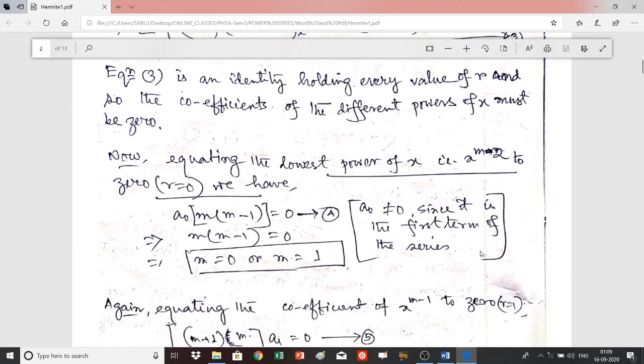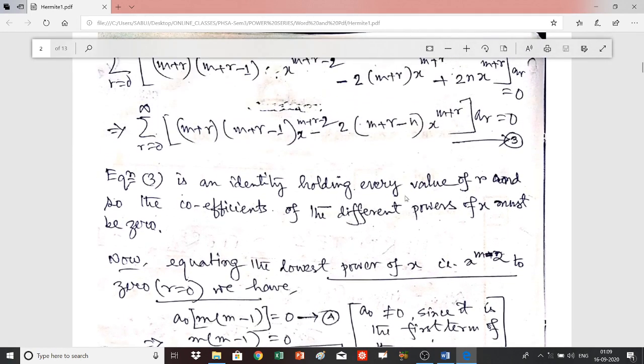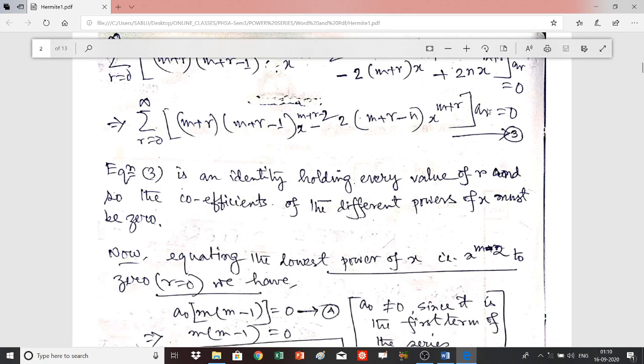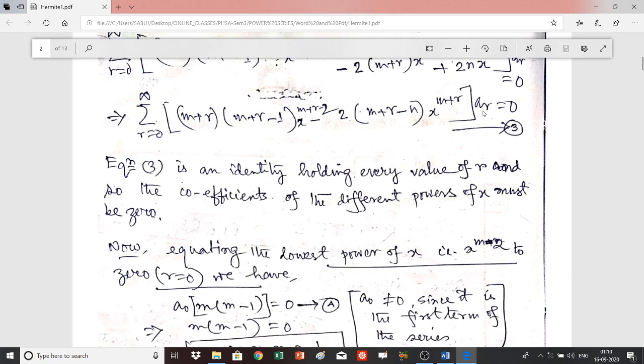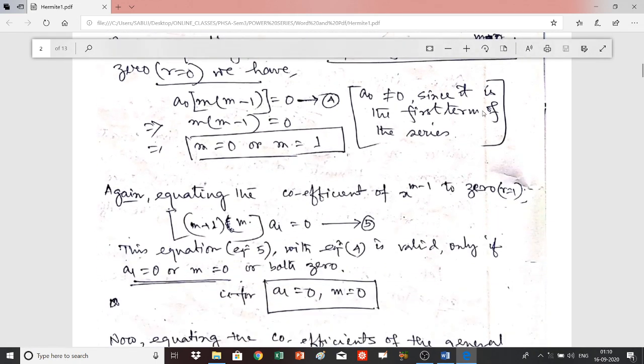If you replace r by 1, this gives m plus r minus 2, that is m minus 1, and from this term you will have m plus 1, since r is equal to 1, and from this m. So you have m into m plus 1 into a1 equal to 0. I write it as equation 5, and this is equation 4.